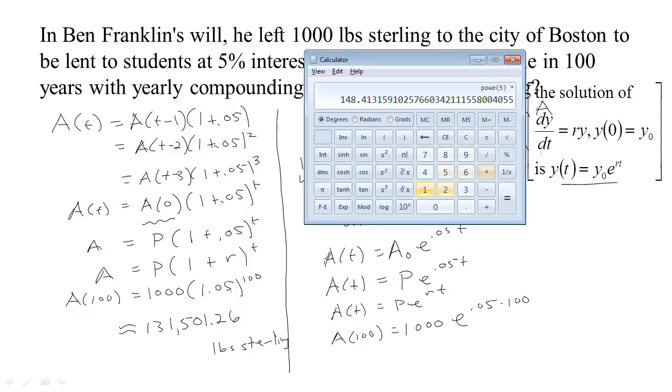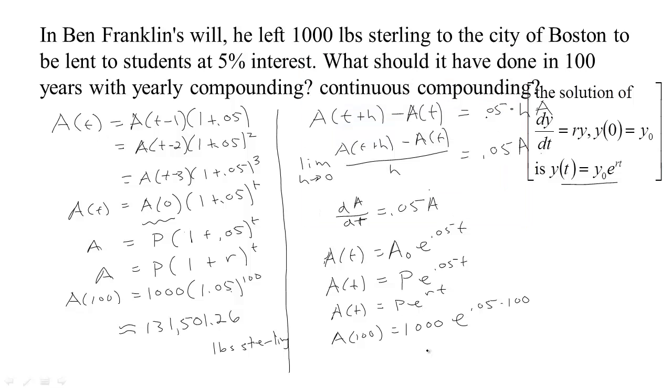If I multiply that by our initial 1,000 pounds, we'll have 148,413.16 pounds sterling.